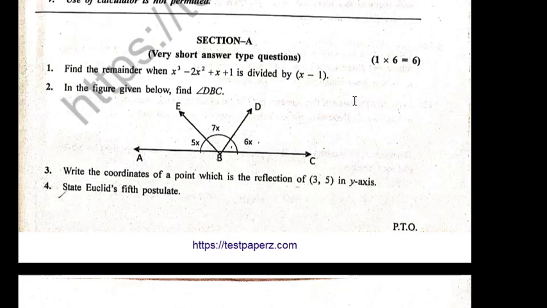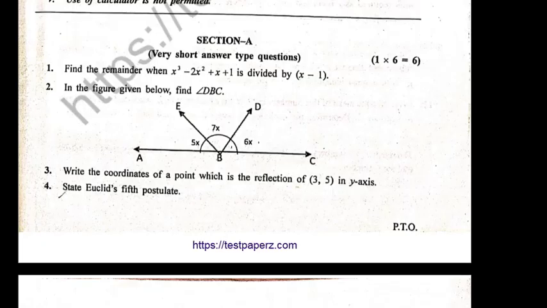The first question is, find the remainder when x cube minus 2x square plus x plus 1 is divided by x minus 1. Here we can say that p of x is x cube minus 2x square plus x plus 1.